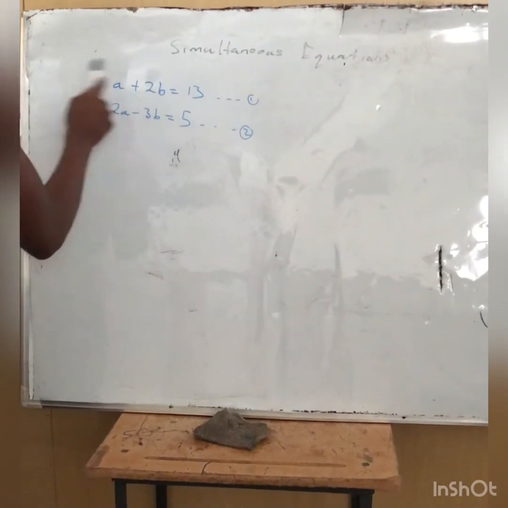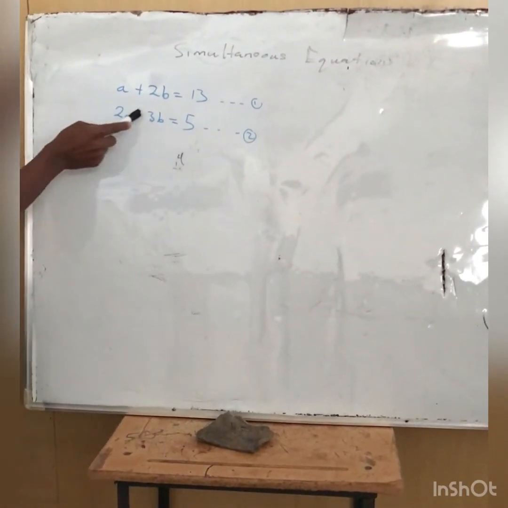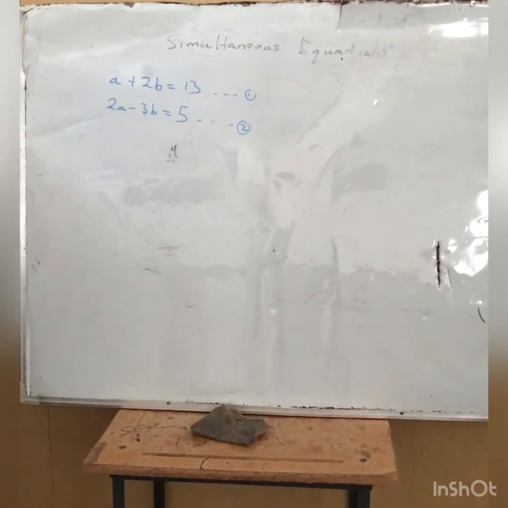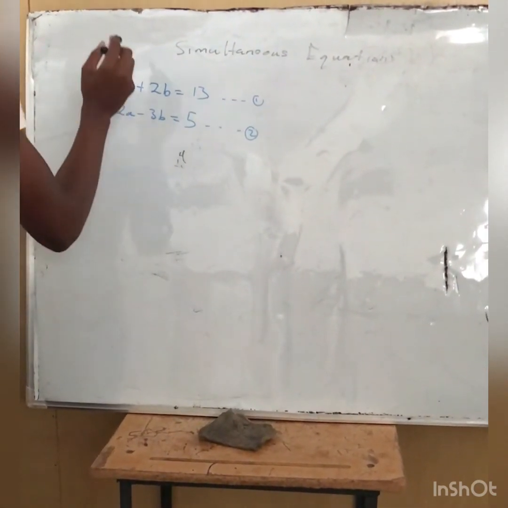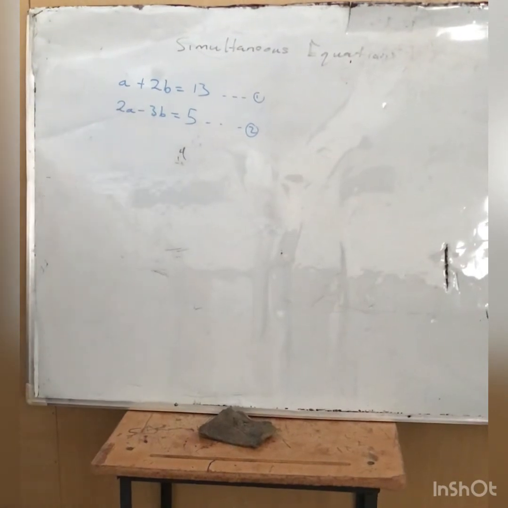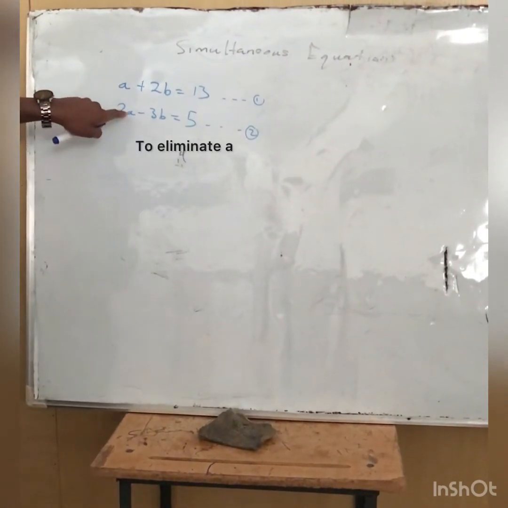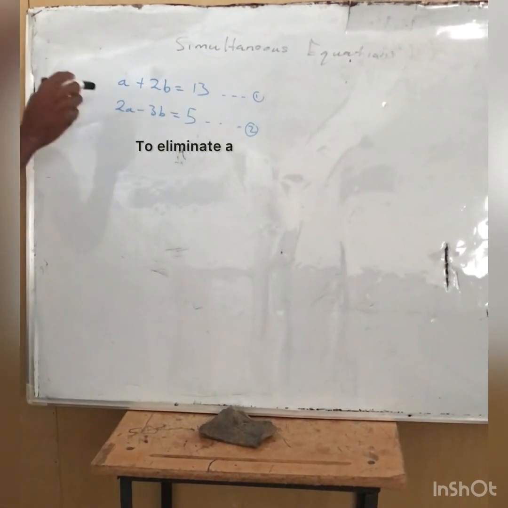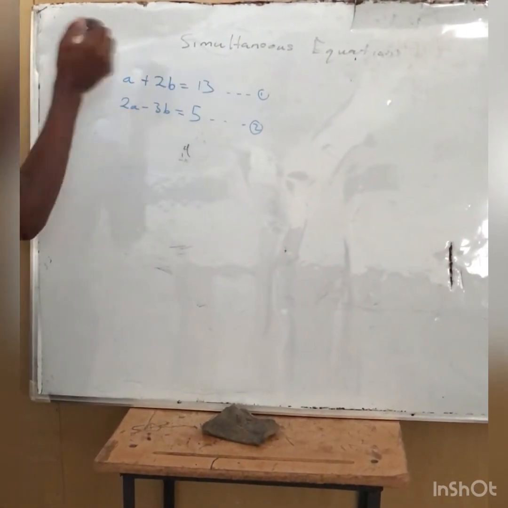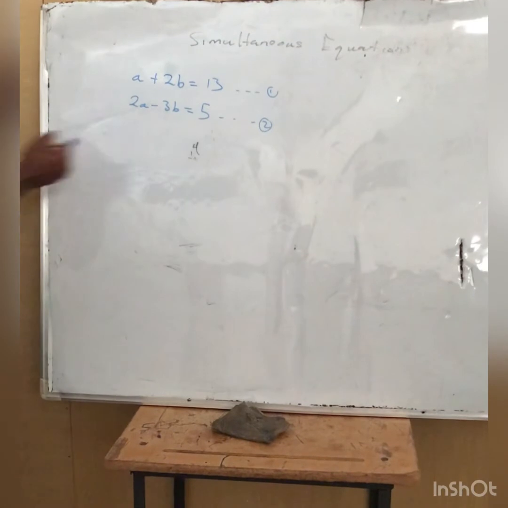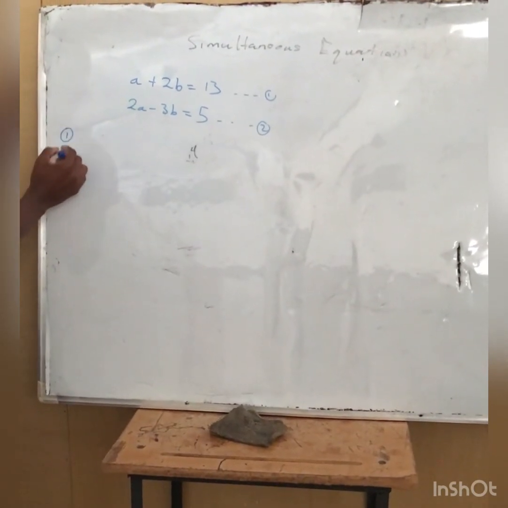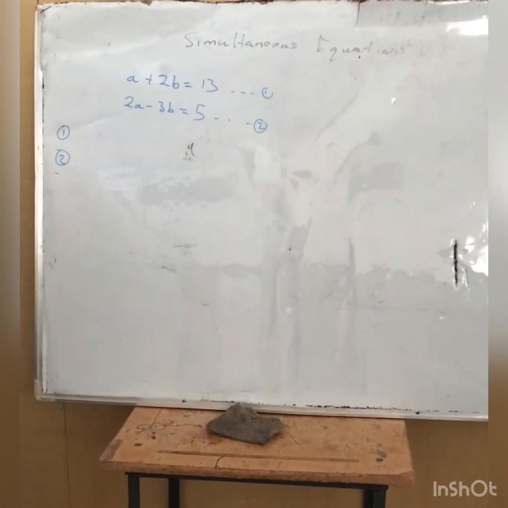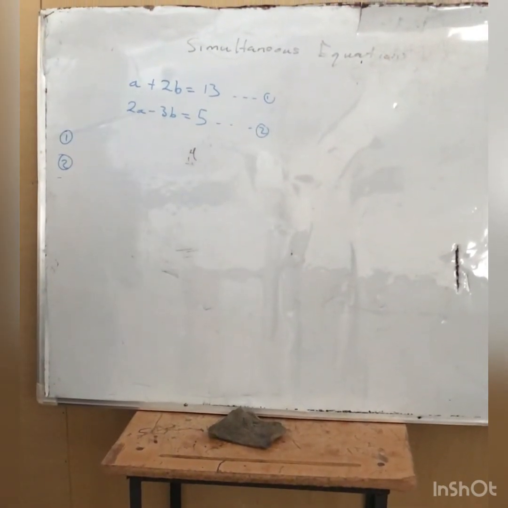When I have to eliminate, I'm trying to make the variables have the same coefficient. So if I'm trying to eliminate a, the variables have to have the same coefficient. So how can we deal with it? The simplest way is to multiply with the coefficients of the other equation.